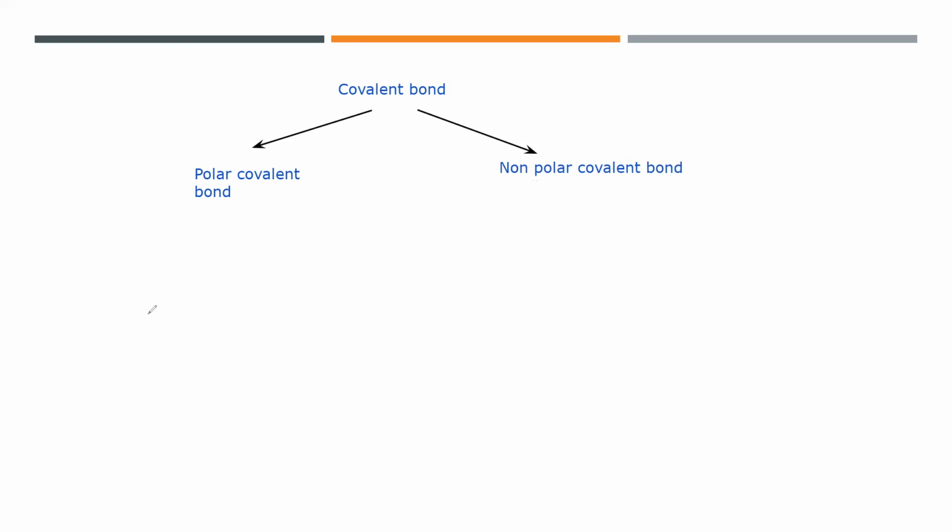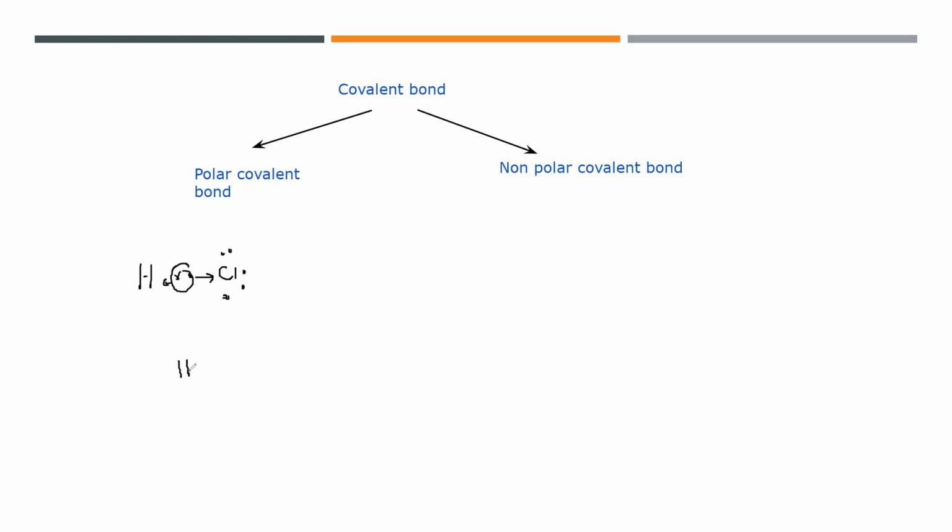What is the meaning of polar covalent? When a bond is formed between two atoms that have a difference in electronegativity, even though the difference is less than or equal to 1.7, there is still a difference. For example, a bond is formed between hydrogen and chlorine. Chlorine is more electronegative, so it attracts the bond pair more than hydrogen because of its high electronegativity.